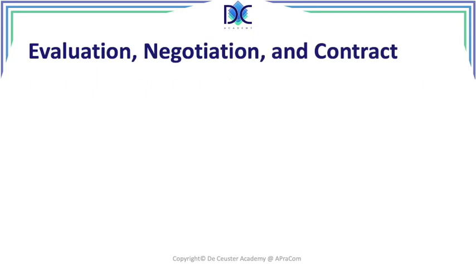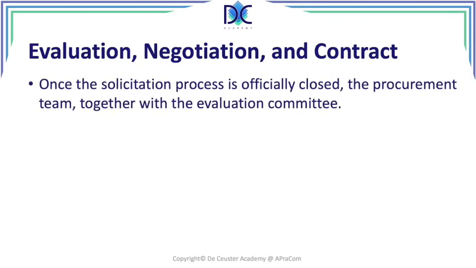Evaluation, negotiation, and a contract. We have to have an evaluation committee. The evaluation committee can be one person when it is a very simple project, but I had cases where we were tendering for large buildings. At that moment, we had an evaluation committee with different people to evaluate the different offers that we received and write a report and make an evaluation.